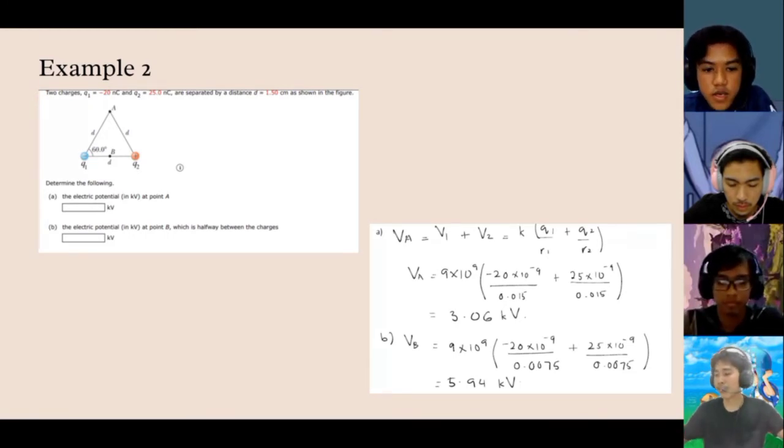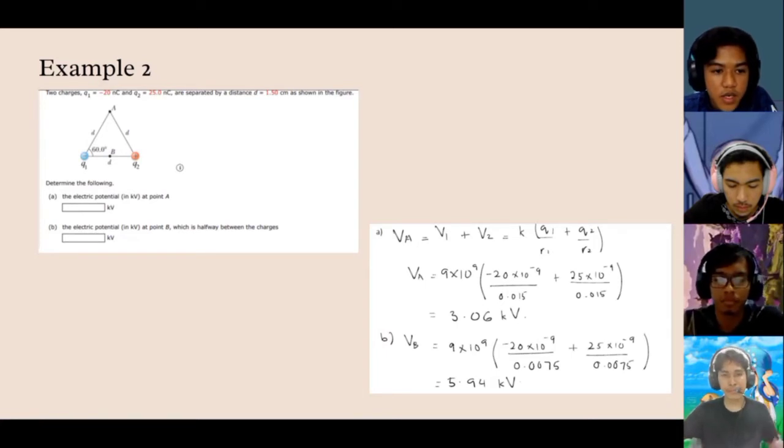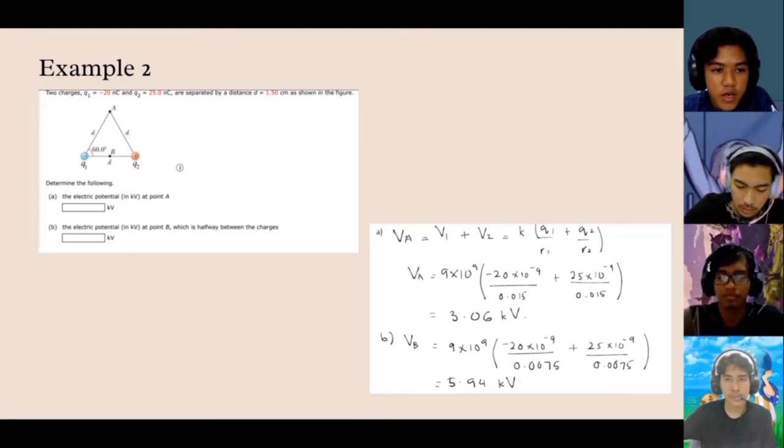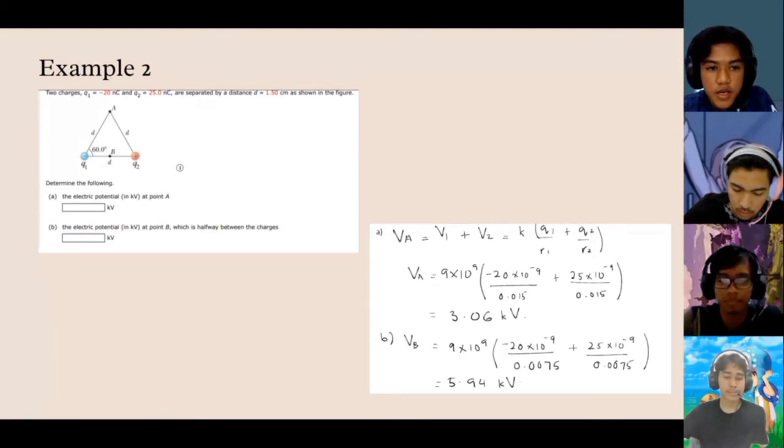For the next question, question B, it asks about the electric potential in kV at point B, which is halfway between the charges. Based on the figure, we can see that point B is between Q1 and Q2. To find the electric potential at point B, we use the same concept, but change the distance to 0.0075.